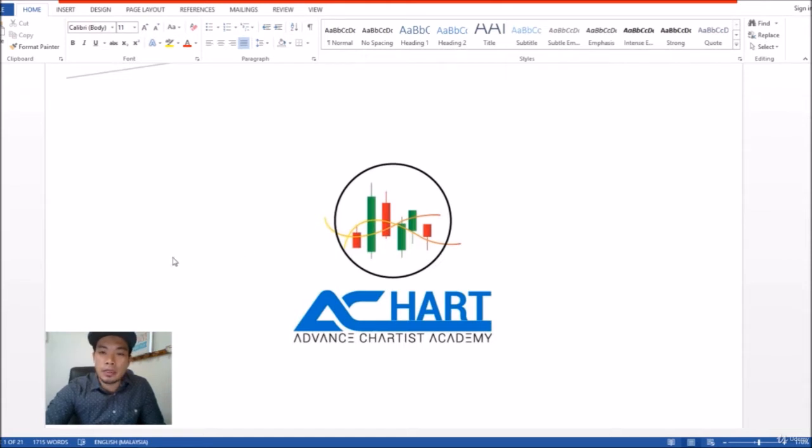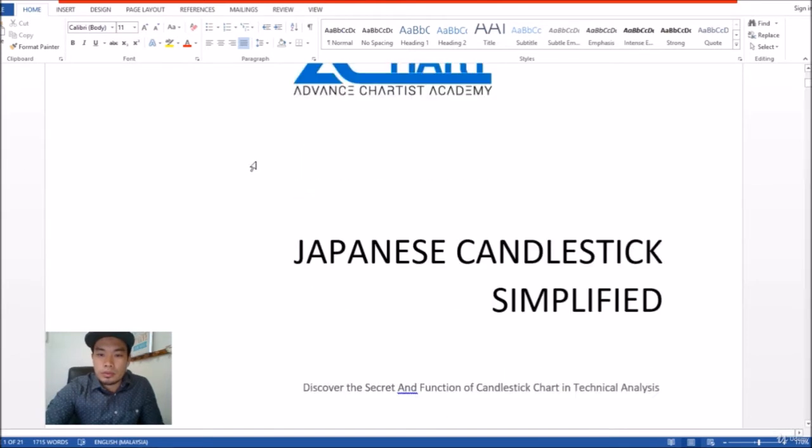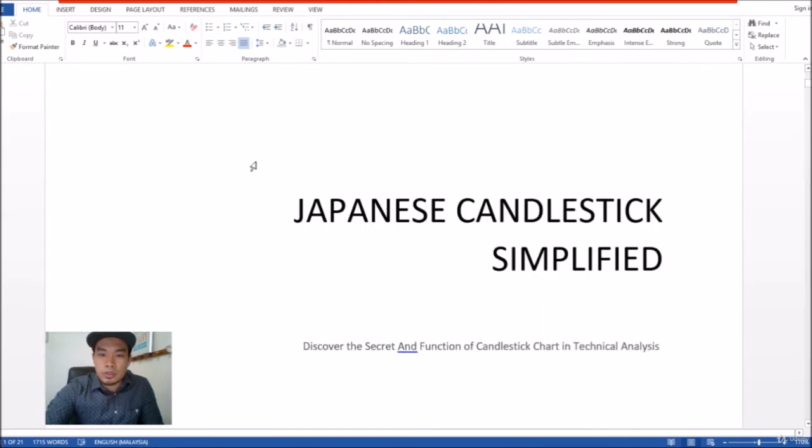Roughly, we will discuss what the function of the candlestick chart is and even the weakness of the candlestick chart, right? So this document is called Japanese Candlestick Chart Simplified.